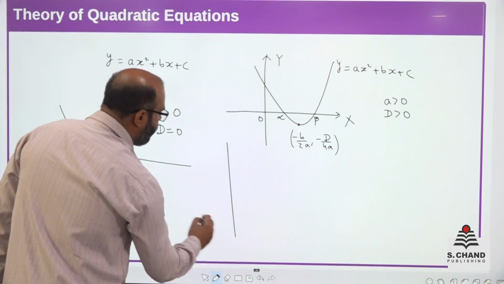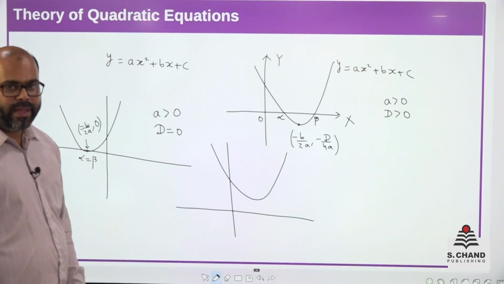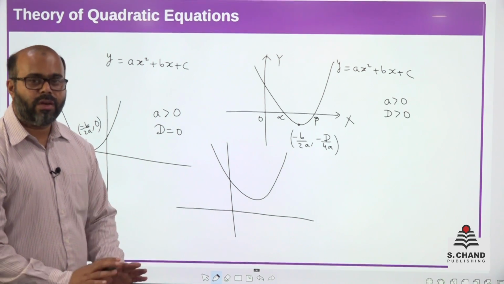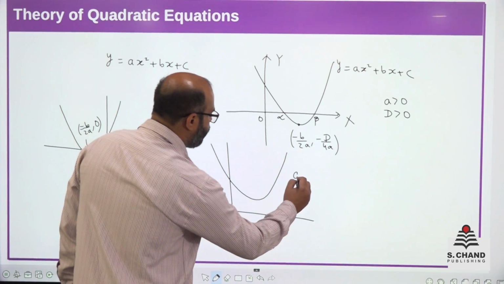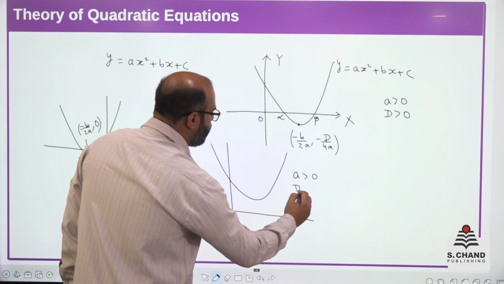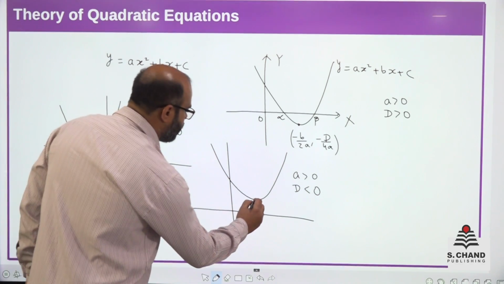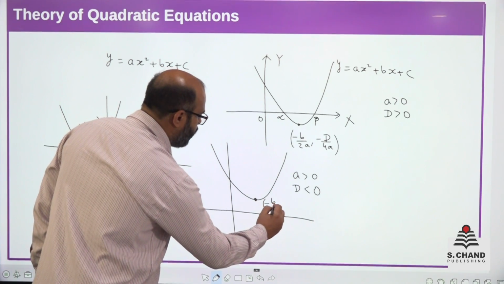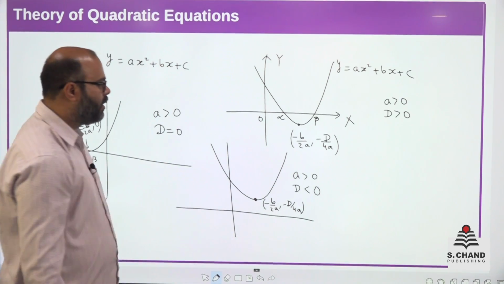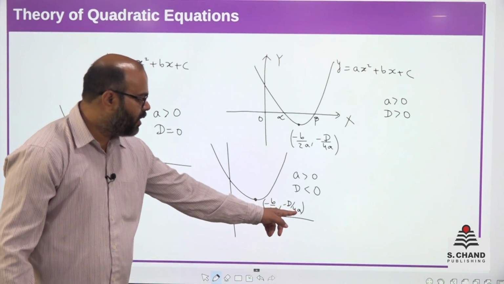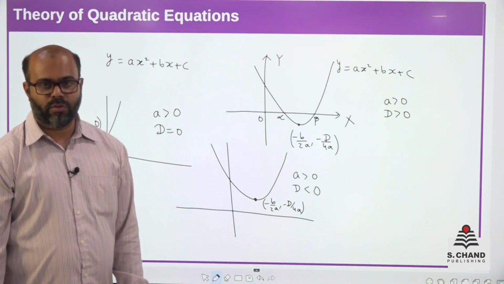Now the third case of an upward opening parabola could be that the graph is neither touching nor cutting the x-axis. That means there are no real roots. Both the roots are imaginary roots. So in that case, a is positive and the discriminant is less than 0. So this vertex is again minus b by 2a, comma minus d by 4a, and as you can verify, since d is negative and a is positive, minus d by 4a is a positive value.